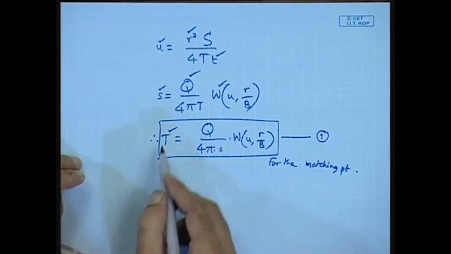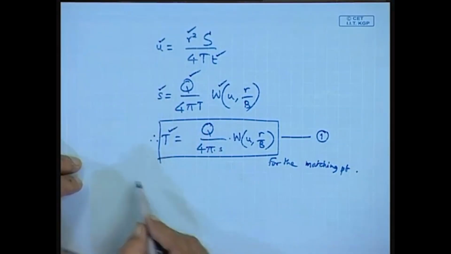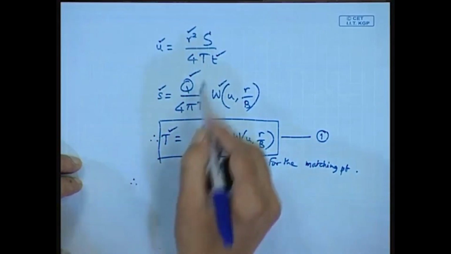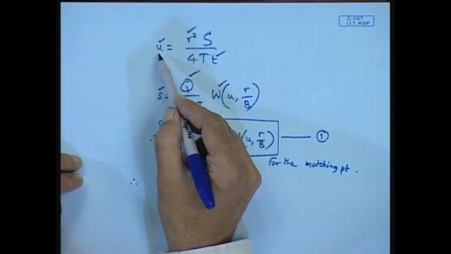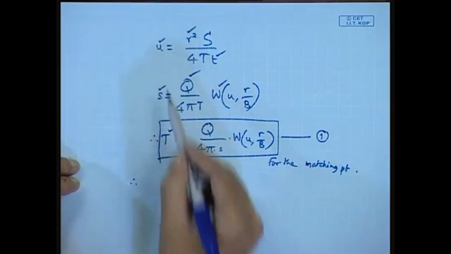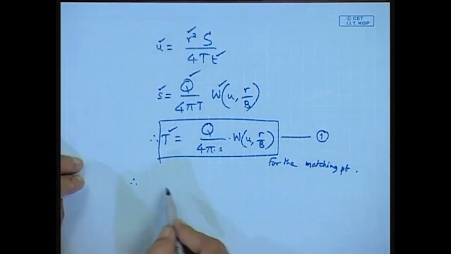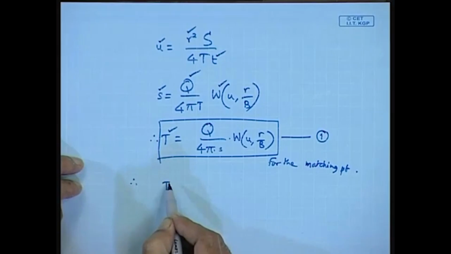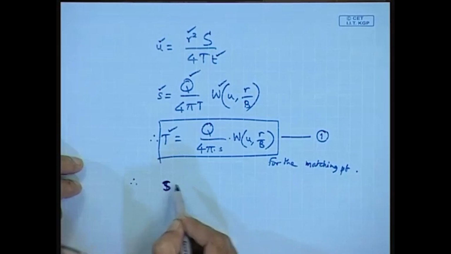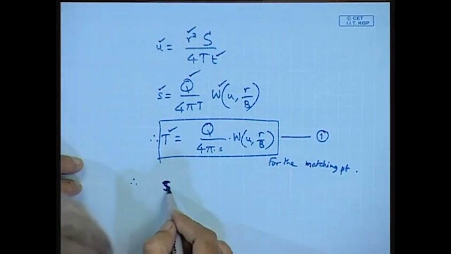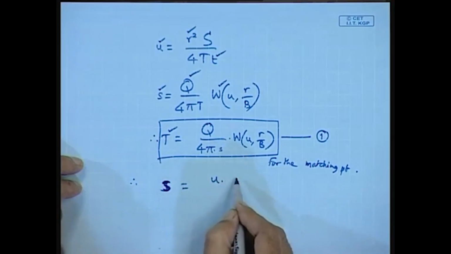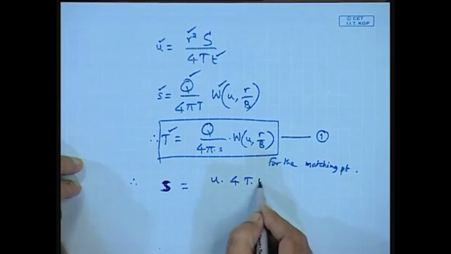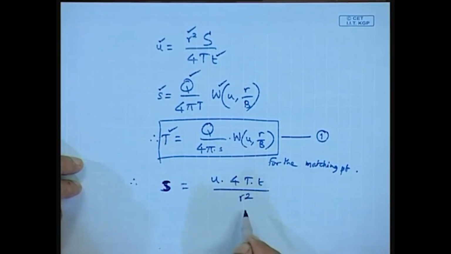Therefore, using this equation 1 in the expression for the leaky aquifer well function parameter u, we can determine the storativity of the leaky aquifer, which is equal to u into 4 T t divided by r square.